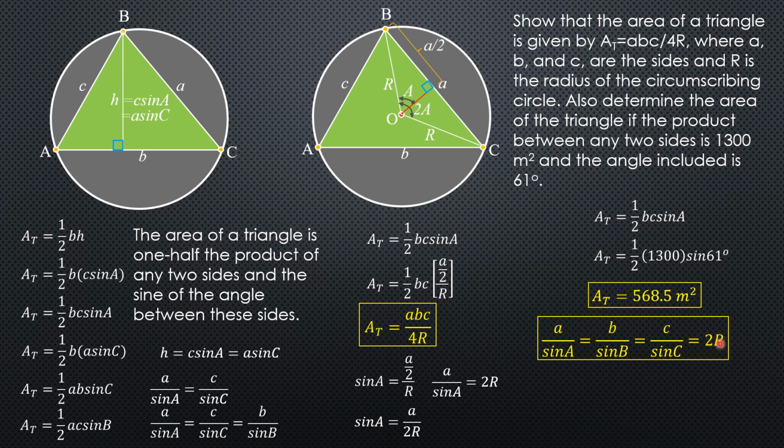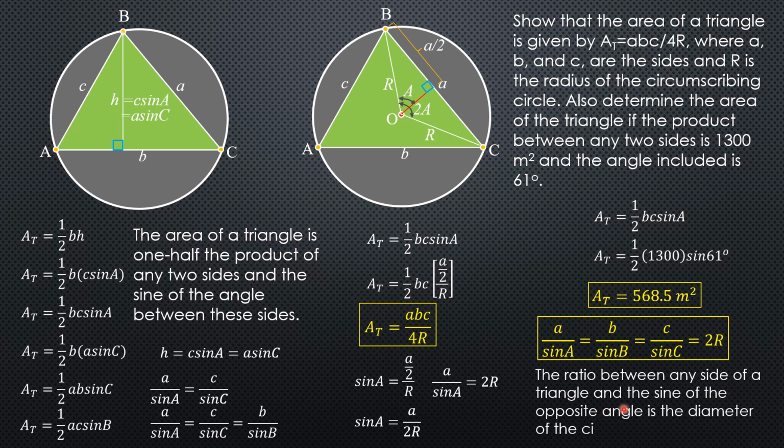And take note, 2R is the diameter of the circumscribing circle of a triangle. So stated in words, the ratio between any side of a triangle and the sine of the opposite angle is the diameter of the circumscribing circle.